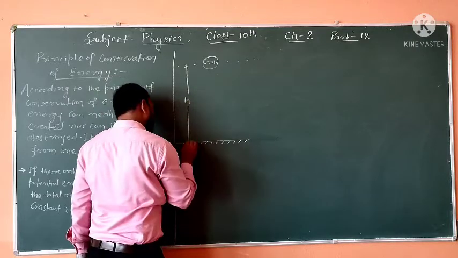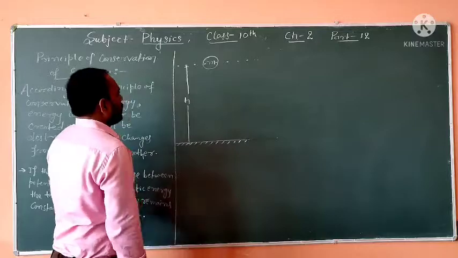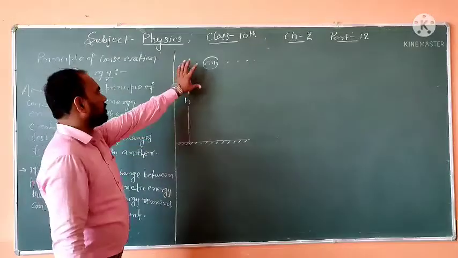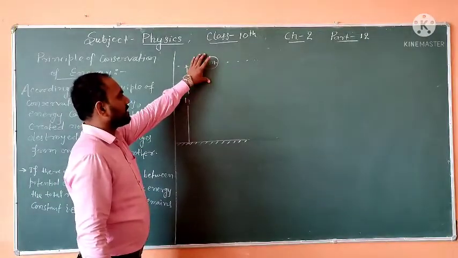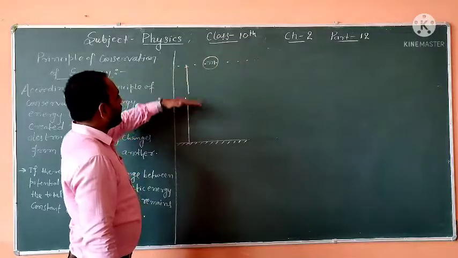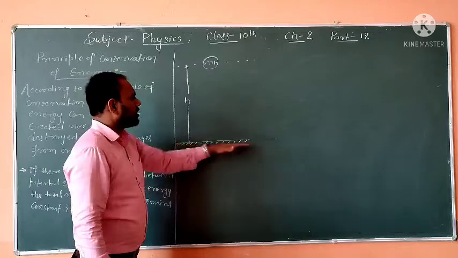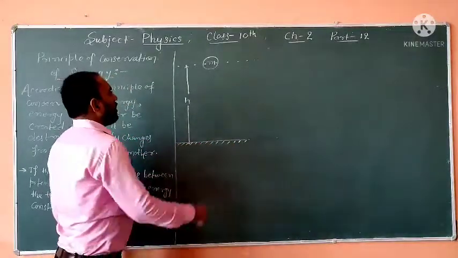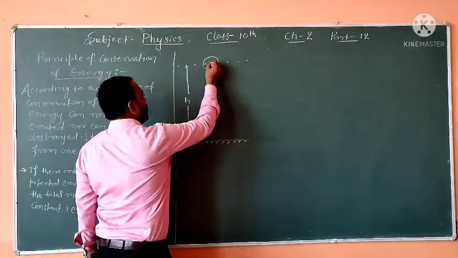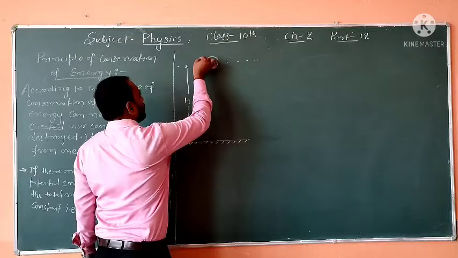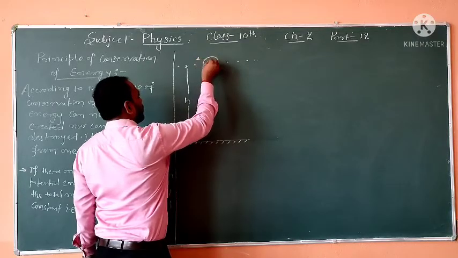There is a body having mass m at some height h from the ground surface. I am just releasing it from point A, let's consider.